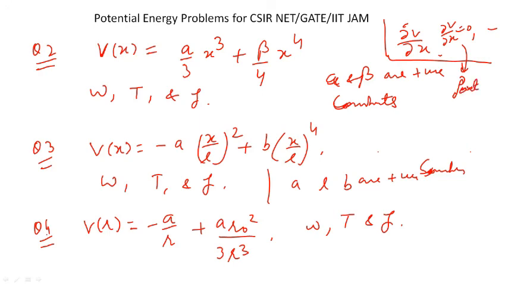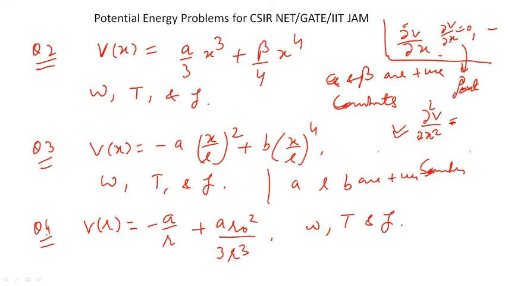So when you find the point, then you will find del 2V over del X2, and then you will calculate the value of del 2V over del X2 at the points which you have found from putting del V over del X equal to 0.